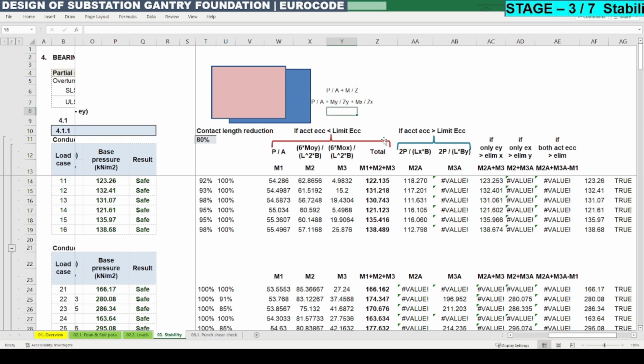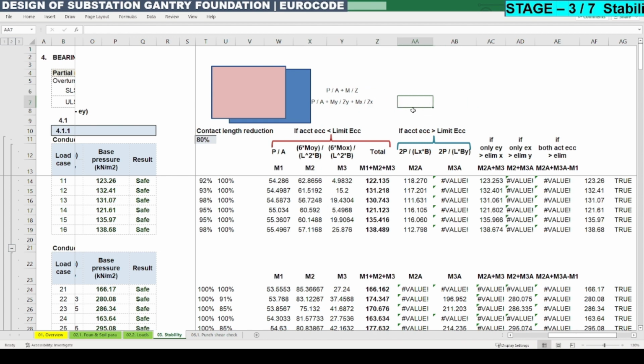The same kind of approach we have applied in these three formulas. So here you can see the P by A, which matches this formula, and here we are applying 6 MOY divided by L square into B. Why is it so? Because this equation we can write in a different way also.